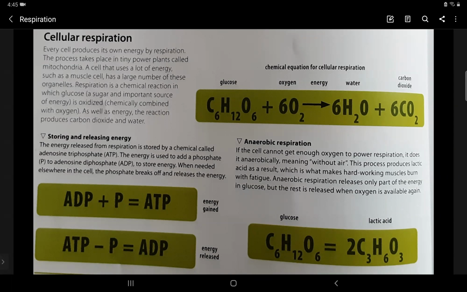Storing and releasing energy. The energy released from respiration is stored by a chemical called adenosine triphosphate. The energy is used to add a phosphate, which is P, to adenosine diphosphate, which is ADP, to store energy.